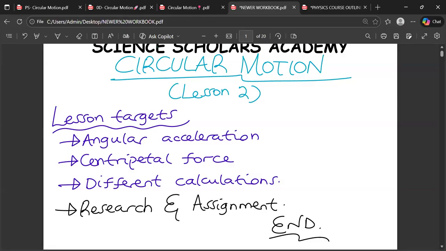You should know that angular displacement is denoted by theta, angular velocity is denoted by omega, and linear speed or linear velocity by small v. If you don't recall those, then it will be quite absurd. Our radius is always r. We usually use our center as O, unless otherwise stated. Our theta is always in radians, our omega is always in rad per second, and our linear speed or velocity is always in meters per second.